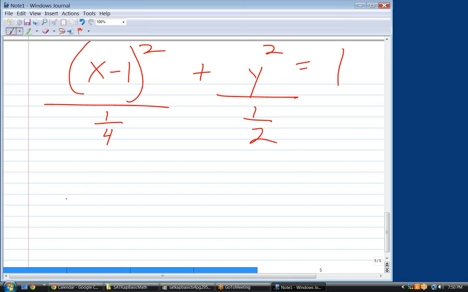Okay, so A is under the y, which means it's a vertical ellipse, and A squared is equal to 1/2, so A equals the square root of 1/2, which is square root of 2 over 2. And B squared is 1/4, so B is the square root of 1/4, which is what? 1/2. Yep.